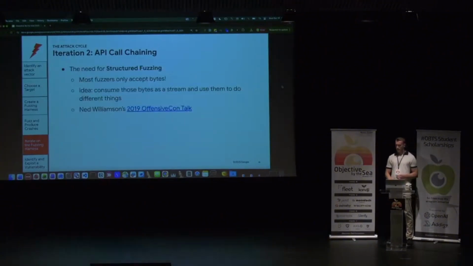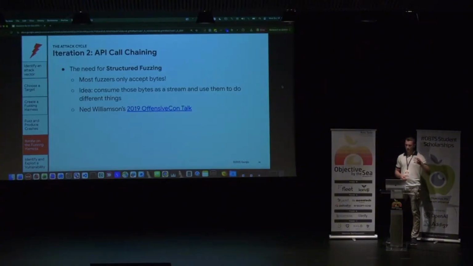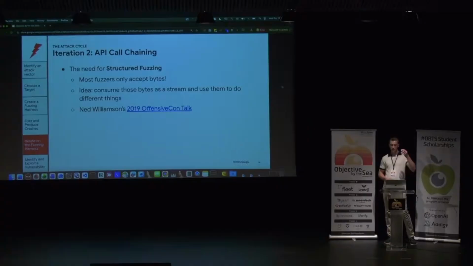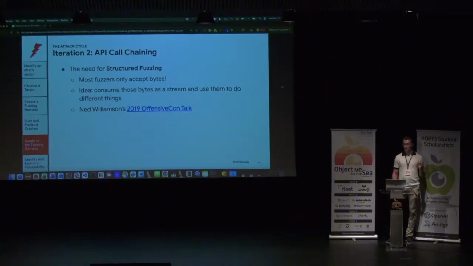And this really highlights the need for structured fuzzing. This is a concept where most fuzzers only accept bytes, so the fuzzer will pass you bytes, and then you'll send that to the thing you're fuzzing. But what if we actually consume those bytes and then did something a little more clever with them?